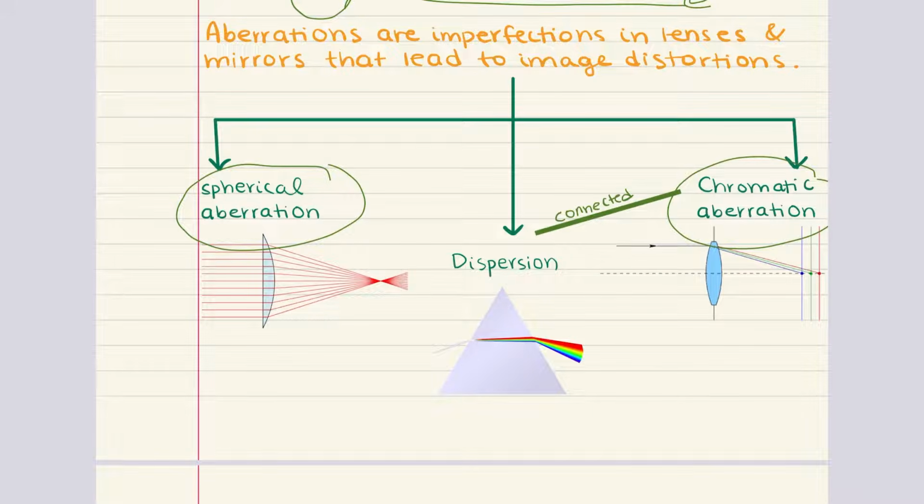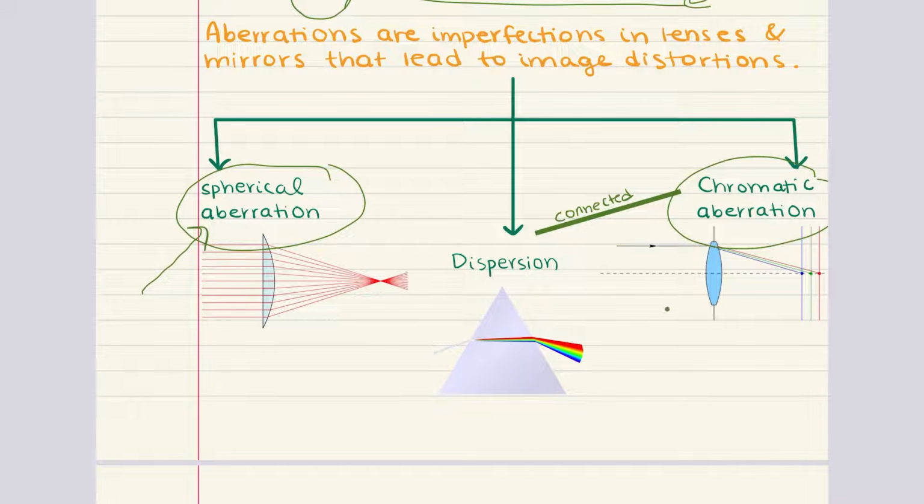For spherical aberrations, this occurs when light rays passing through the edges of a lens or mirror are not focused at the same point as rays passing through the center. This mismatch leads to a blurred or distorted image.